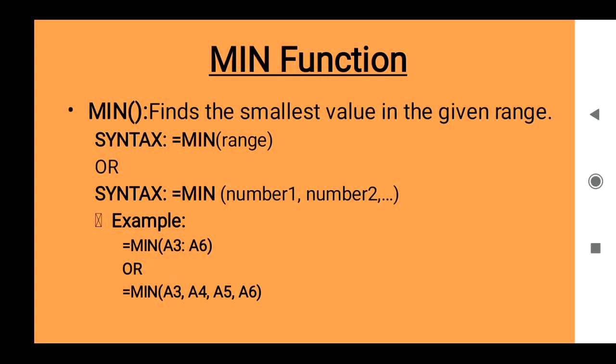Instead of A3:A6, you can use any other cell range. Or =MIN(A3,A4,A5,A6), these are number 1, number 2, or cell addresses which contain numbers. You can also change these cell addresses. It is not necessary to give the same cell address or range every time.